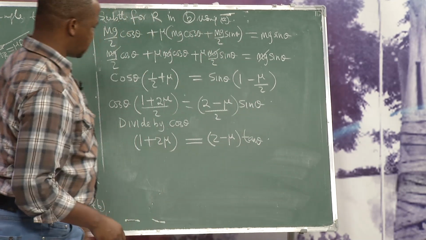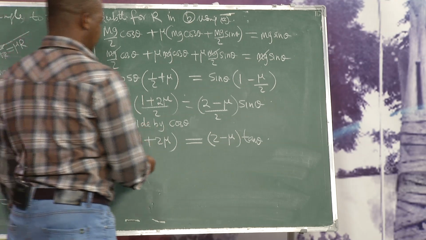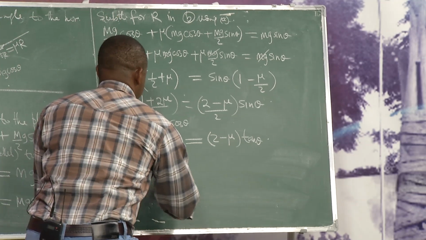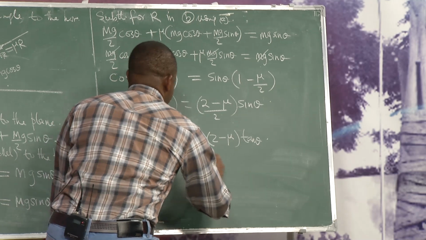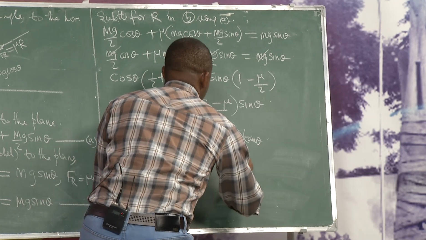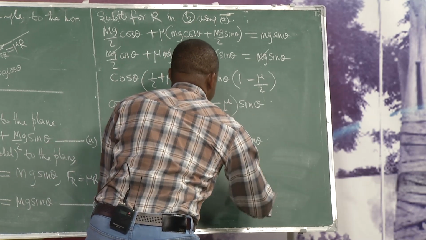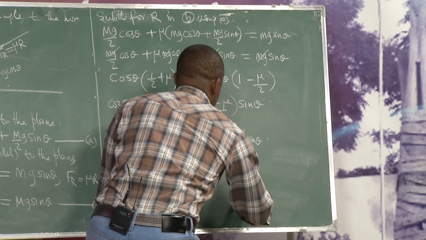The division has been done directly, implying that my tan of theta, if I make it the subject, would be 1 plus 2 mu out of 2 minus mu.